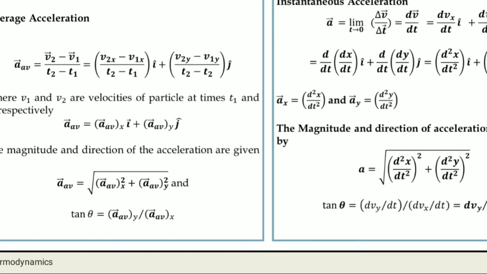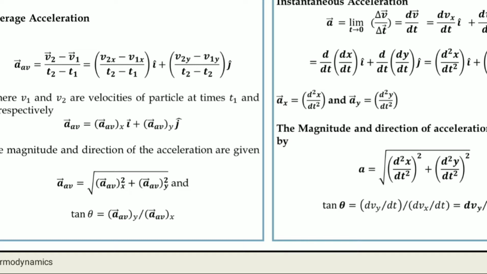So a average is equal to v2 bar minus v1 bar divided by t2 minus t1. What are v2 and v1? v1 is the initial velocity of the object at time t1, and v2 is the velocity of the object after some time, that is at time t2.